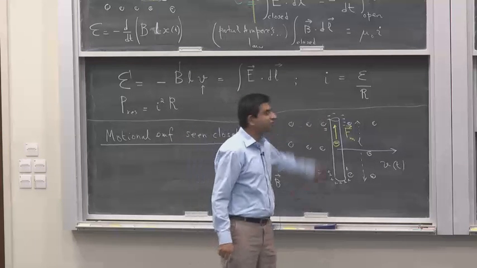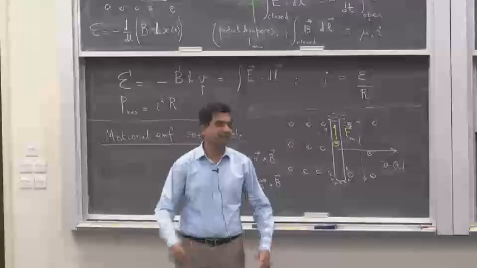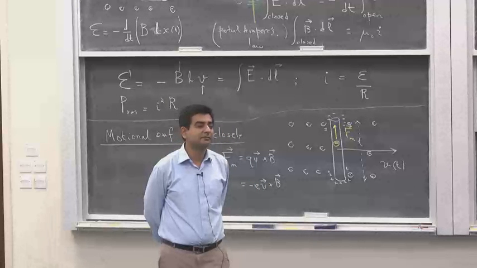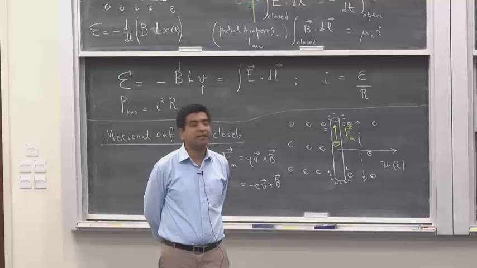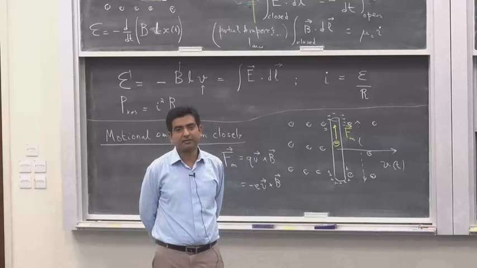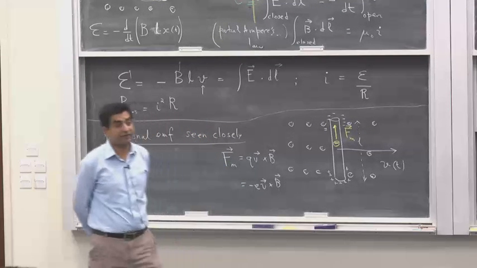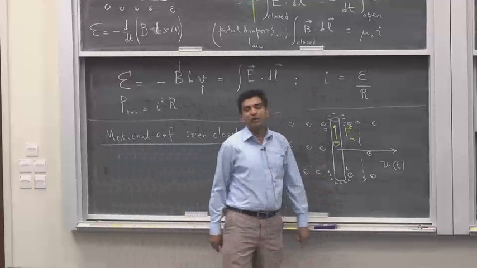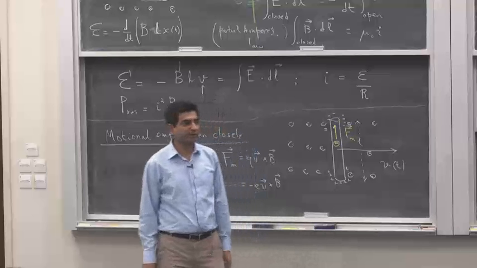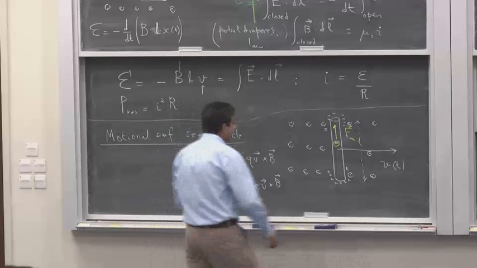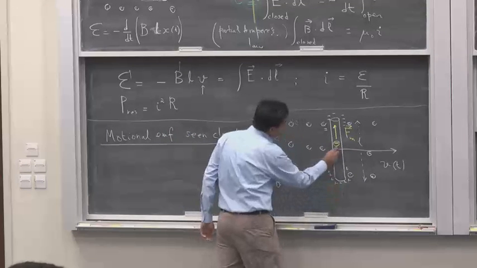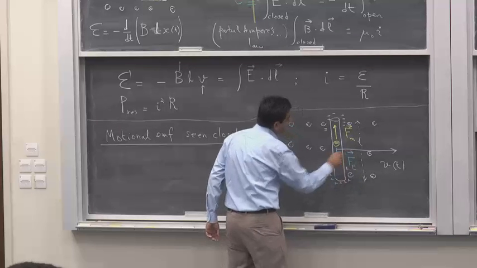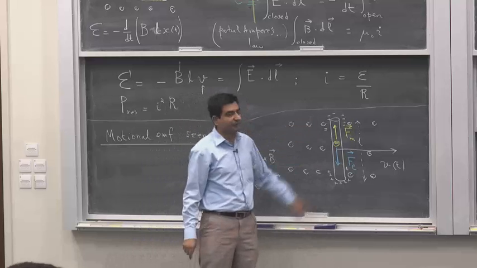Now what does this charge separation result in? Will it produce an additional electric field? What's the direction of the additional electric field and the force on an electron? So the field is going to point in the upward direction. What's the force on an electron going to point in? Downwards. So now if I take the electric force on this electron, Fe, that's going to point in the downward direction because of the accumulation of these charges.